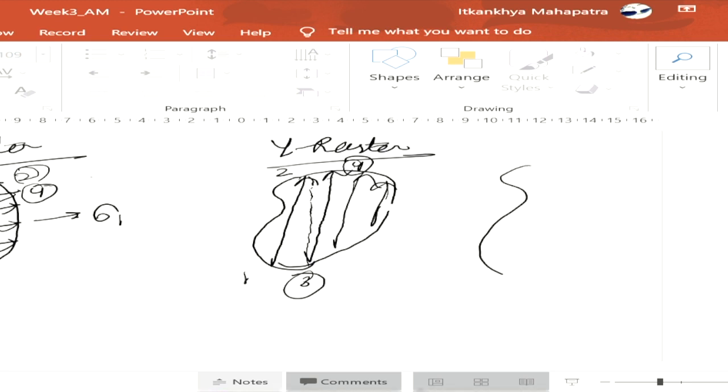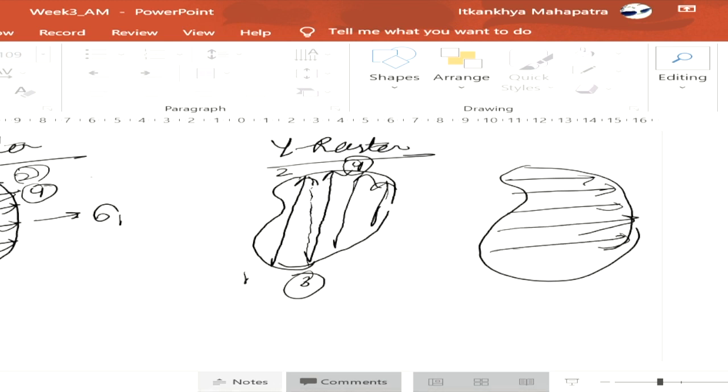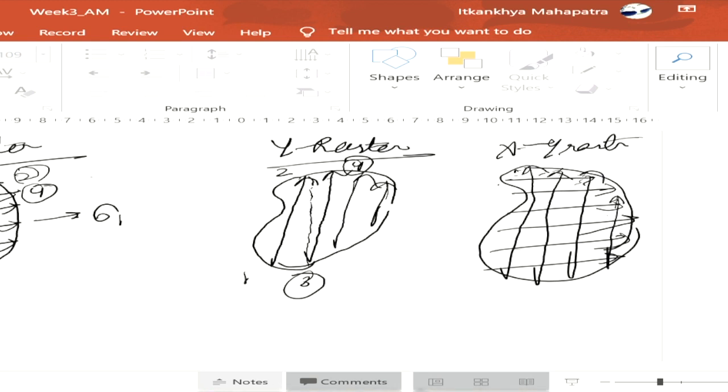Now XY raster means this will be along both X and Y direction. This is XY. Now dotted lines are movement of the tool in air. So XY raster is done to get homogeneity in the deposited material property.